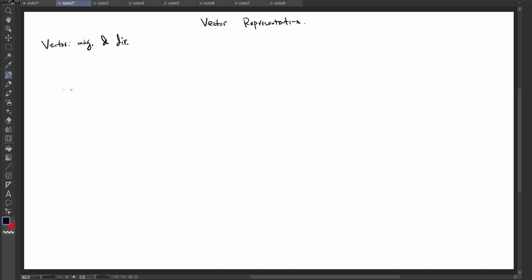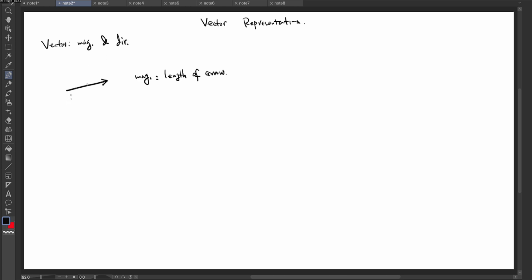So now let's say I draw an arrow like this. Then the length of it will represent the magnitude. So the magnitude is represented by the length of this arrow.